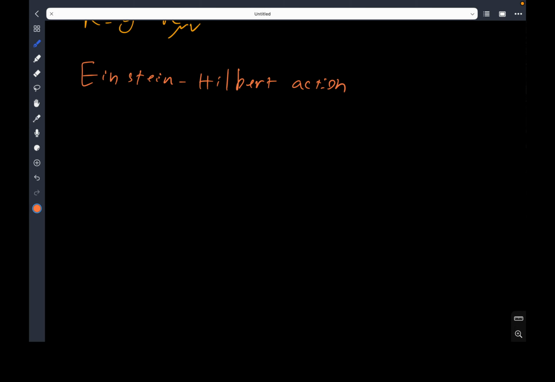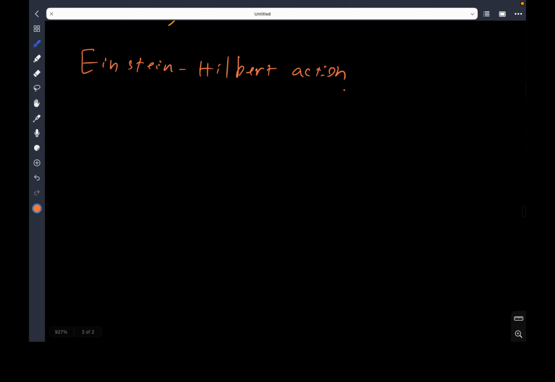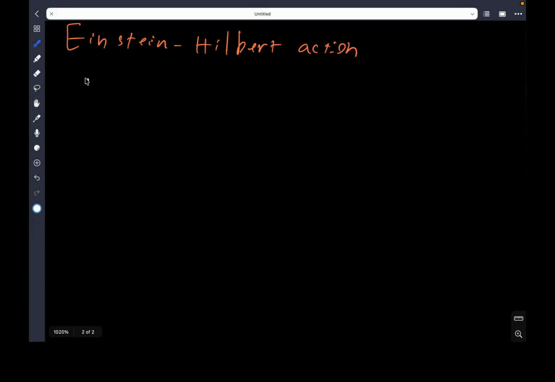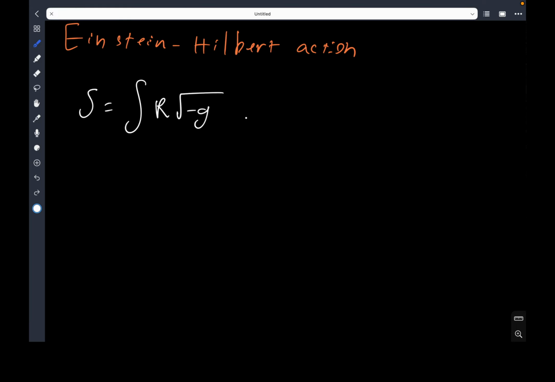If you've taken Lagrangian mechanics you probably know what action is, but in general relativity it's a little different than classical mechanics, because the action S is defined as the integral of the Ricci scalar R times the square root of negative g, which is the determinant of our metric tensor, d^4x, which means that we are integrating within four-dimensional space-time.